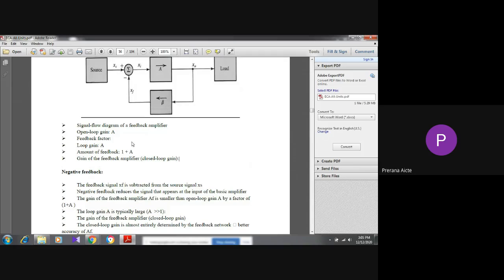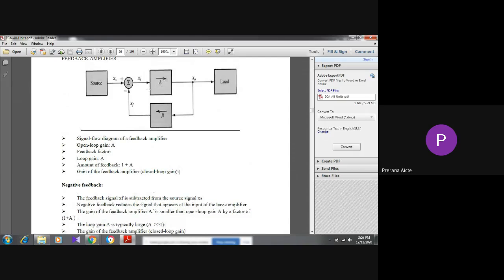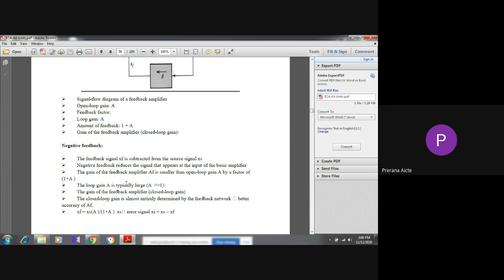Here A means open loop gain. Loop gain means A into beta, and 1 plus A beta is called the total amount of feedback.